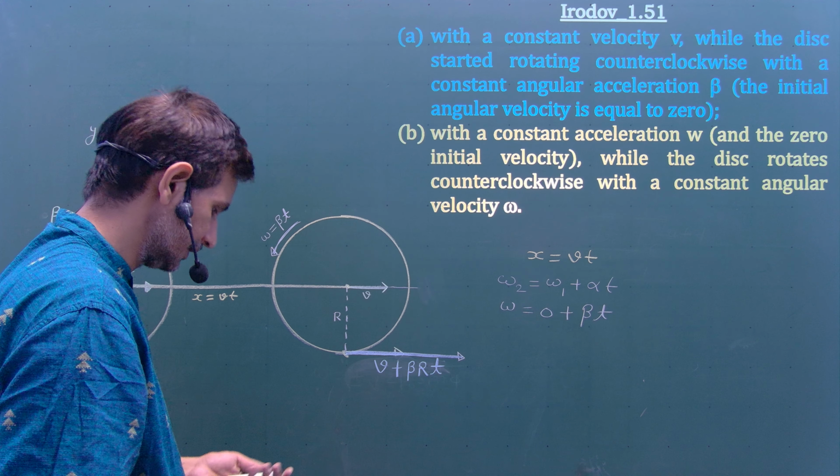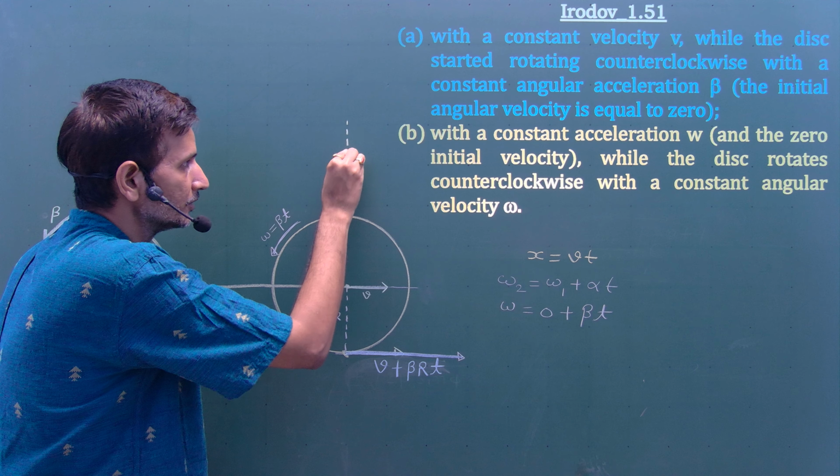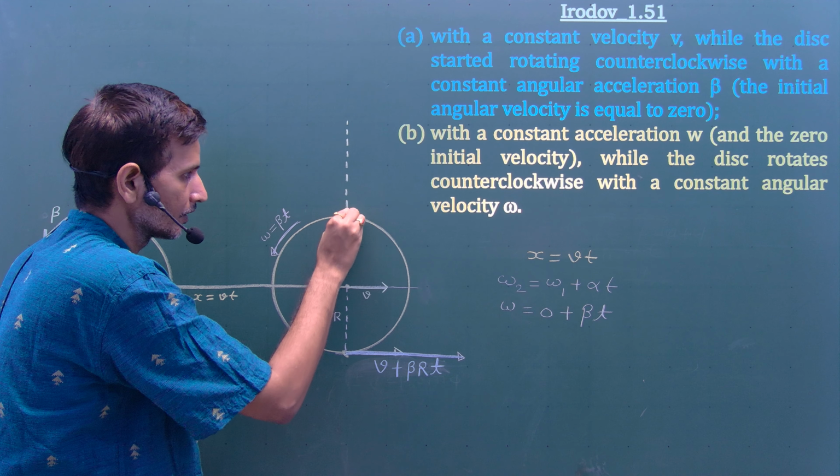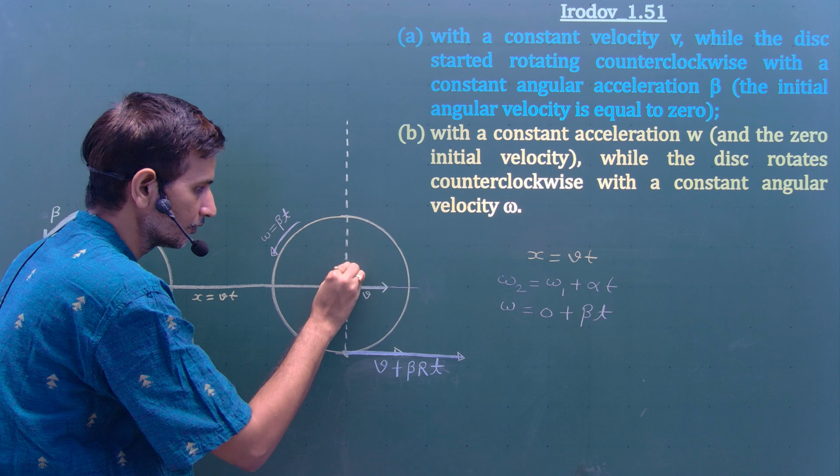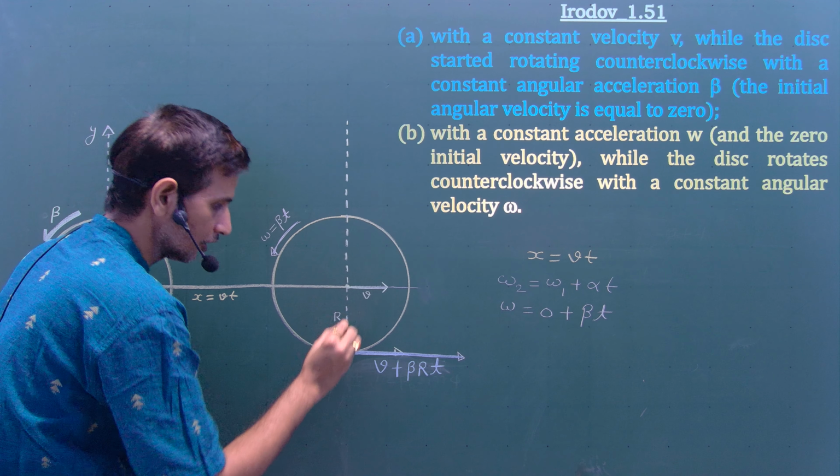So the velocity of the center is this, and the instantaneous axis must be on this line. The instantaneous axis of rotation is always on a line which is perpendicular to the velocity of any particle of the disk. So the instantaneous axis must lie on this line.